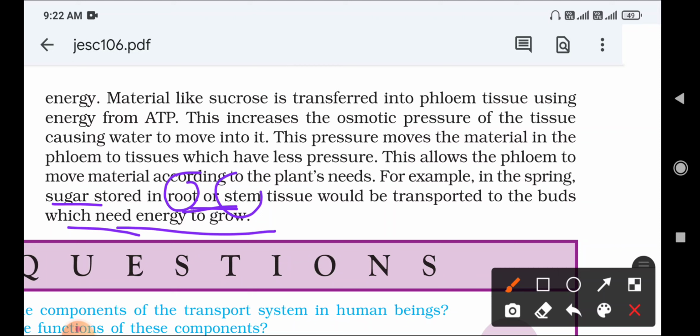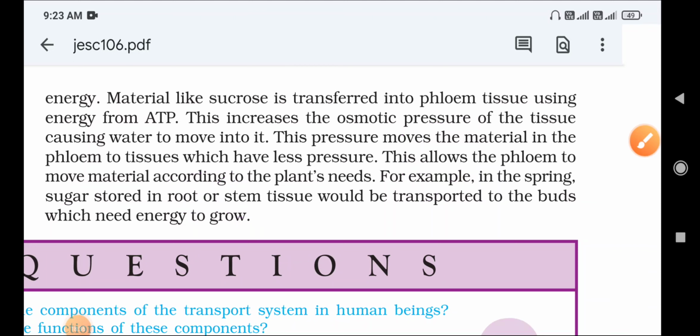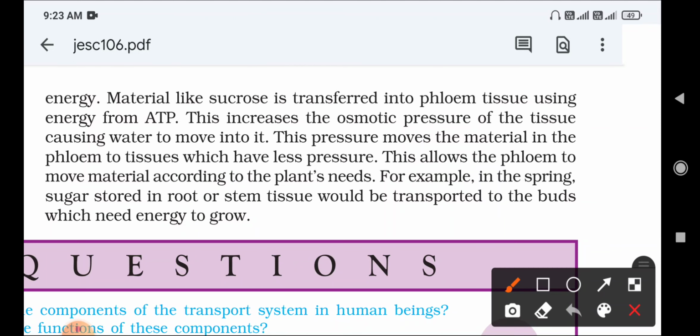This is the function of phloem. They transport food and other substances with the help of energy, but xylem does that with the help of physical forces. By understanding these topics simply, we can easily write the difference.